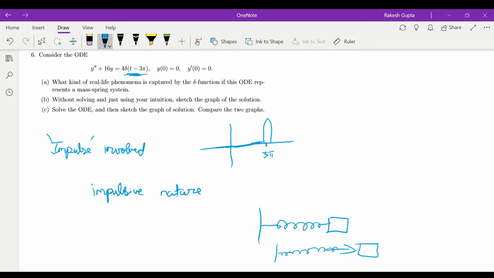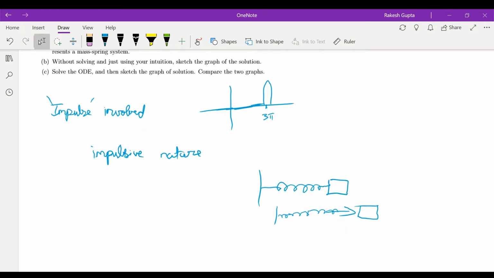If this spring has been stretched out a bit and you suddenly leave the block: while you are holding the block and have not released it yet, there is no movement. But as soon as you release it, there is a sudden change. That is what I'm calling impulsive nature.